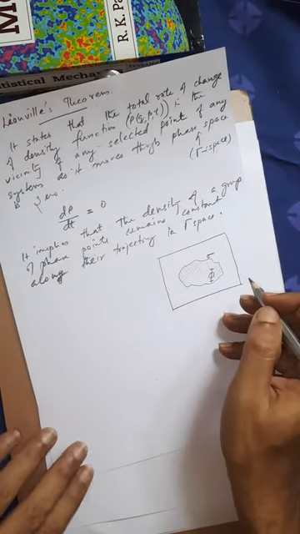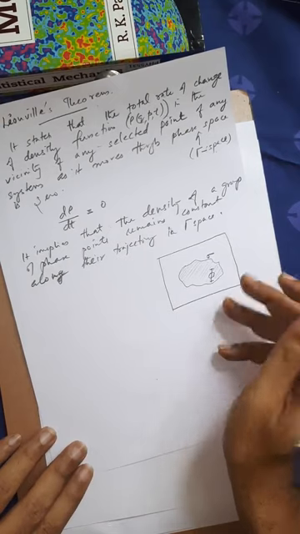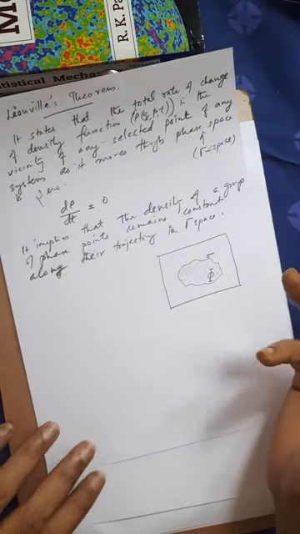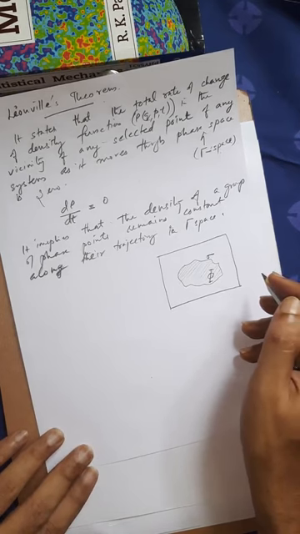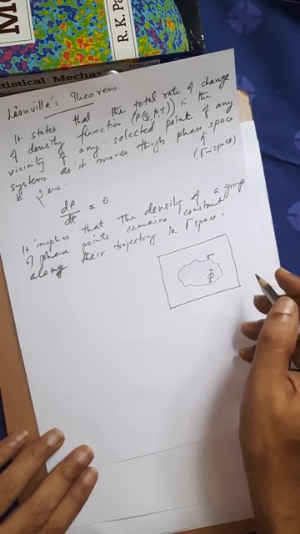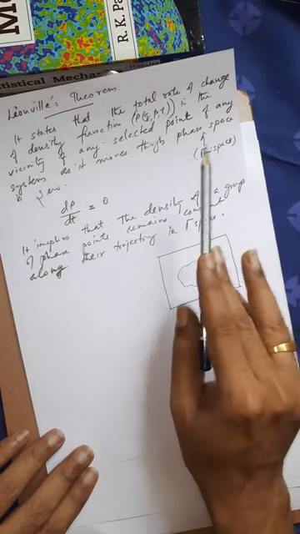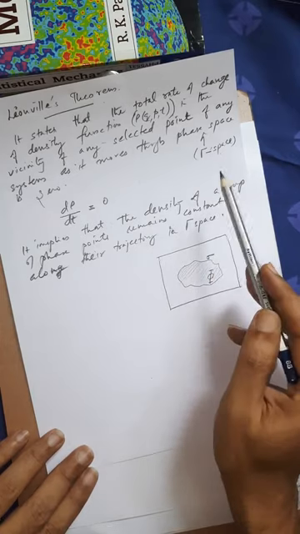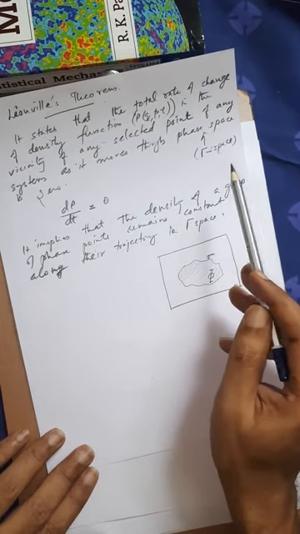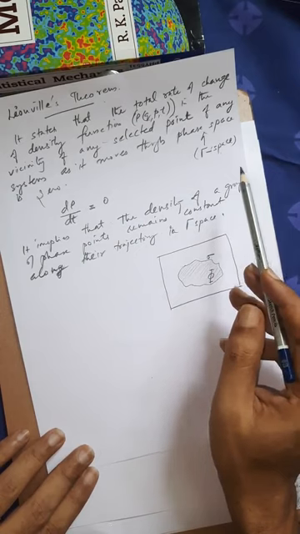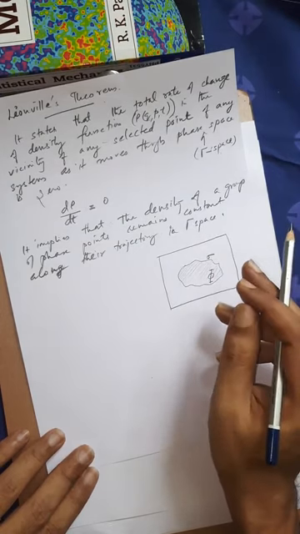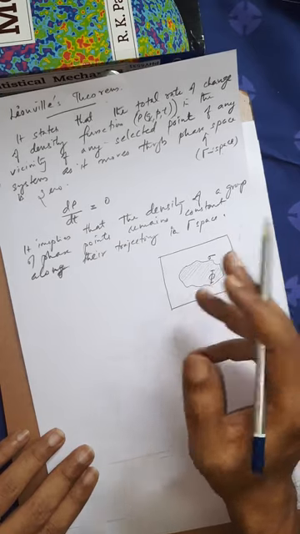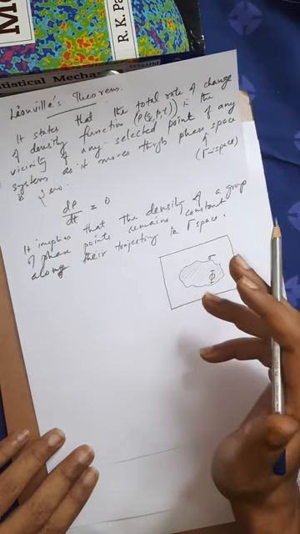Now, what are we dealing with? We are basically concerned about the movement of the density function. Density function means it is a representation of the distribution of representative points in the ensemble.